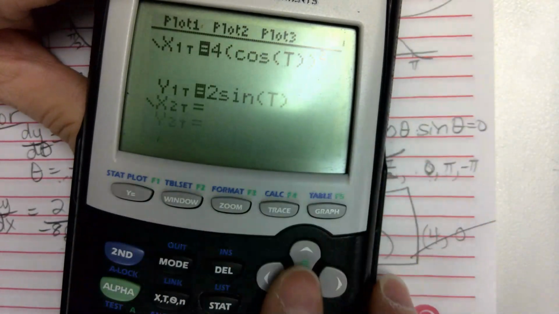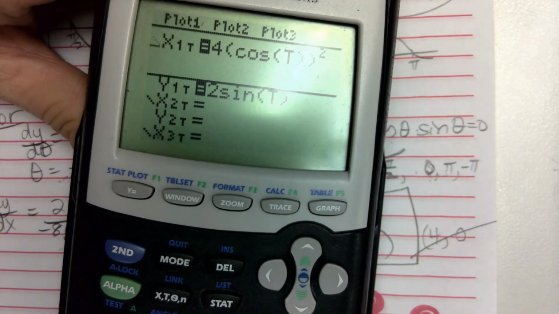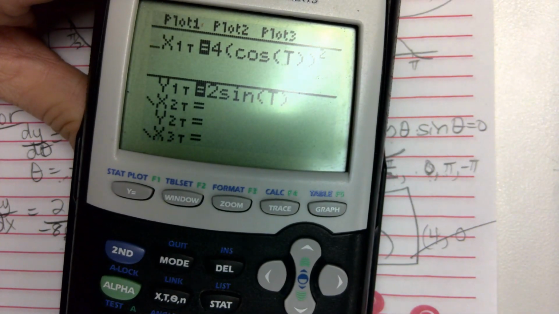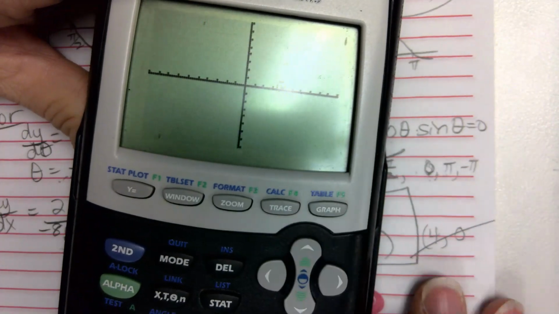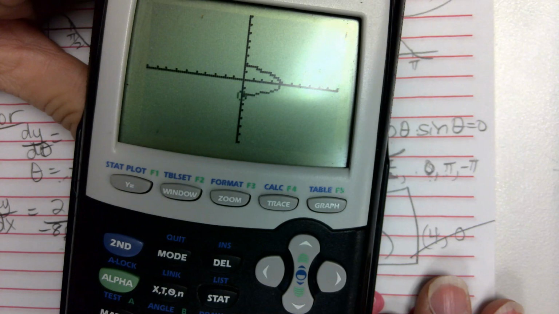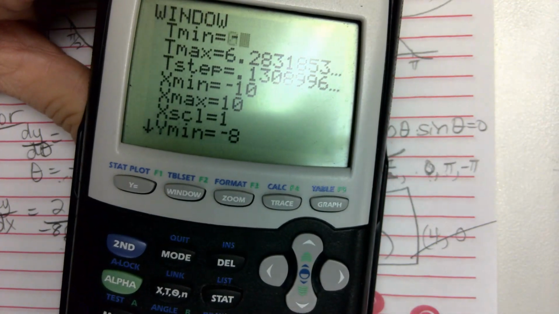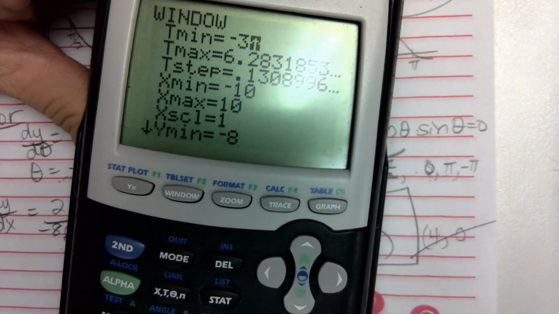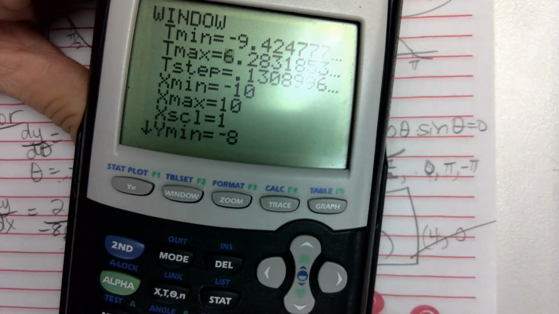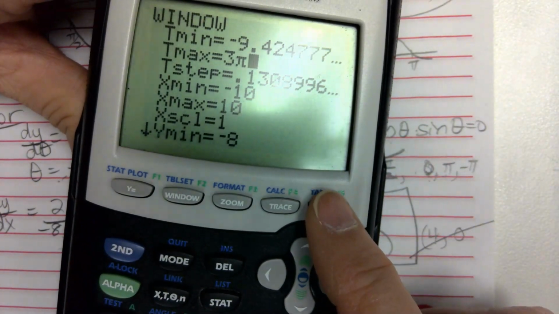Let me go ahead and watch it graph. I'm going to go from negative 3 pi to positive 3 pi, just so we can see what the particle is actually doing.